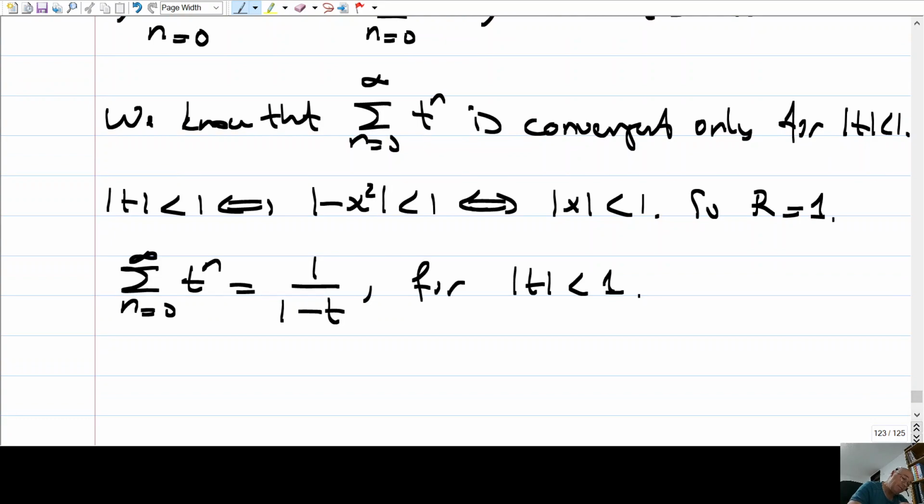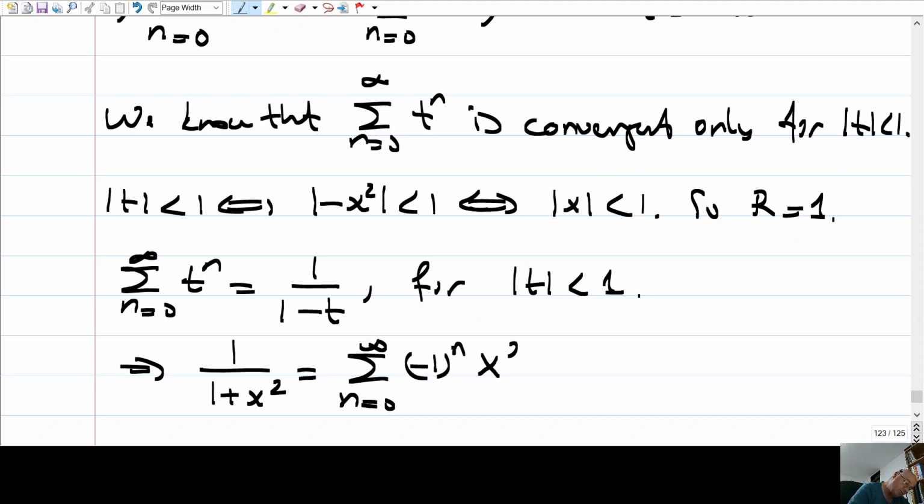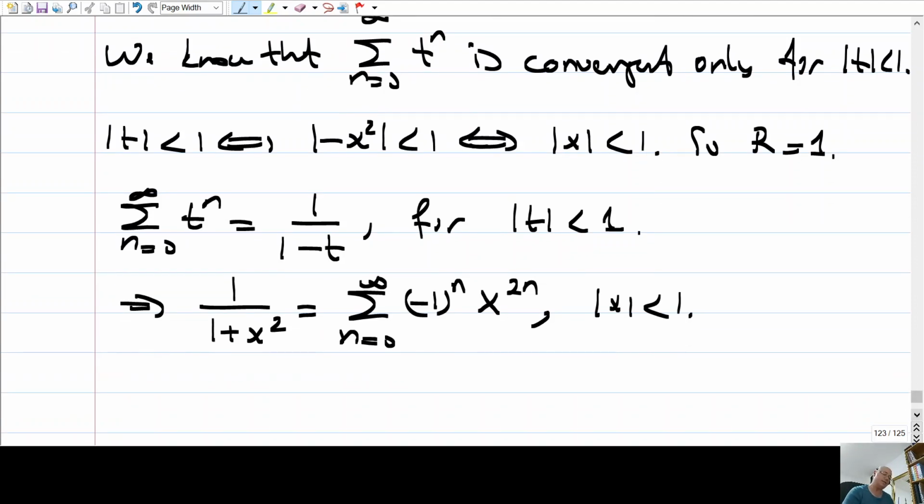And if I plug in minus x squared, so we see what? 1 over 1 plus x squared is equal to the sum of minus 1 to the power n x to the power 2n. And this is true for, again, x less than 1 in absolute value.